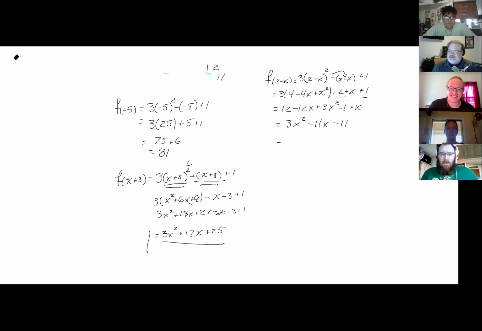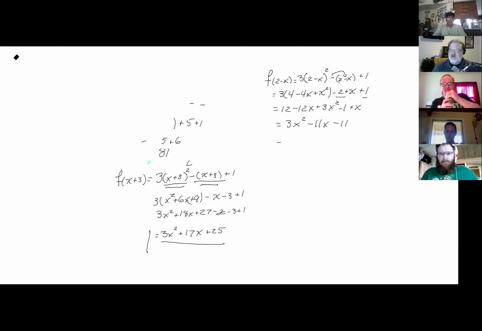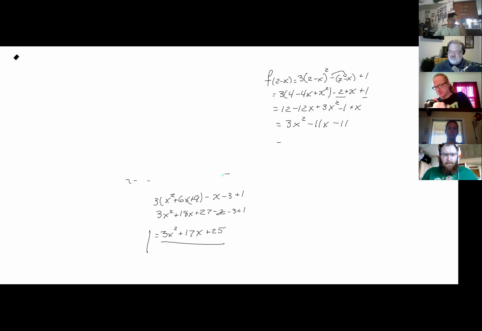So there are lots of different types of functions. We will be dealing with several of the major classifications of functions. The main ones we're going to look at are first linear functions, lines.